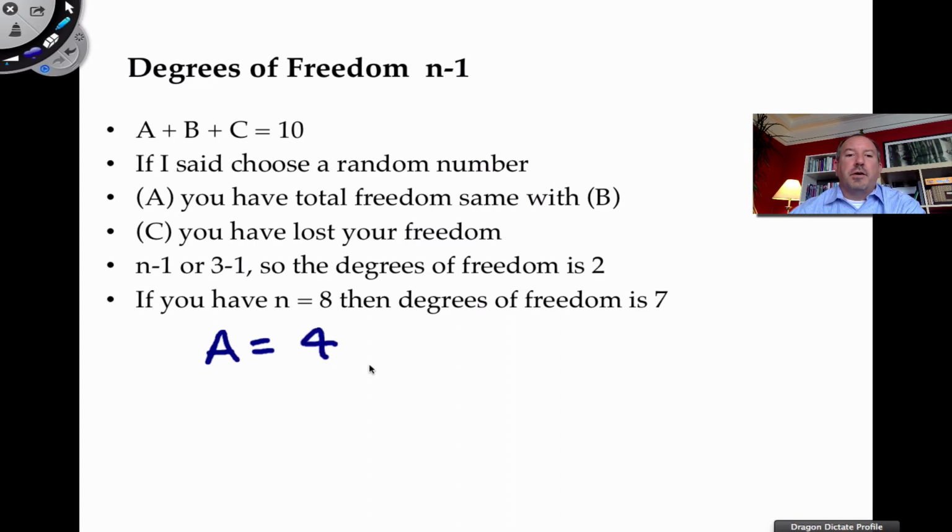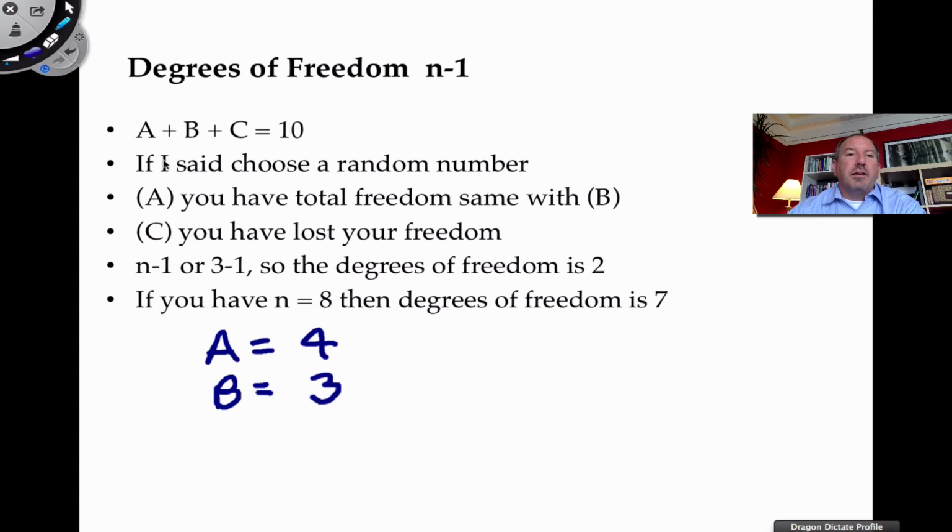Let me just say it's 4. If I say that a is 4, and I ask, okay, what's b going to be? I have ultimate freedom. I can make this whatever I want. I can make this -7. I can make it 1,000. I can do anything. But let me make it simple so I can illustrate this. Let's say b is 3.